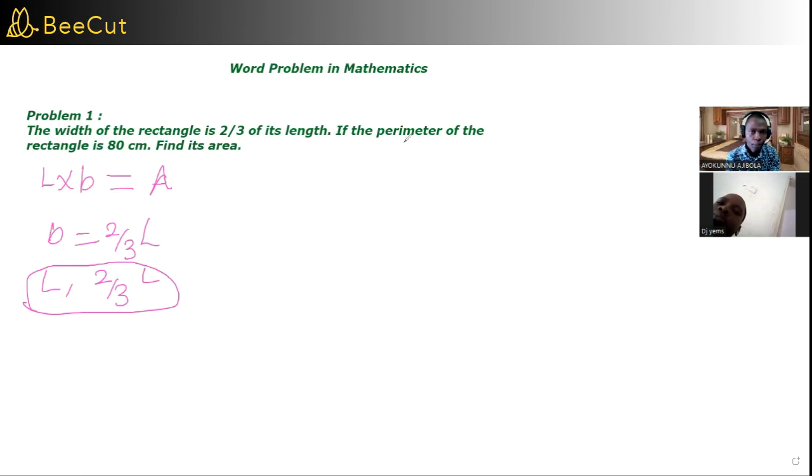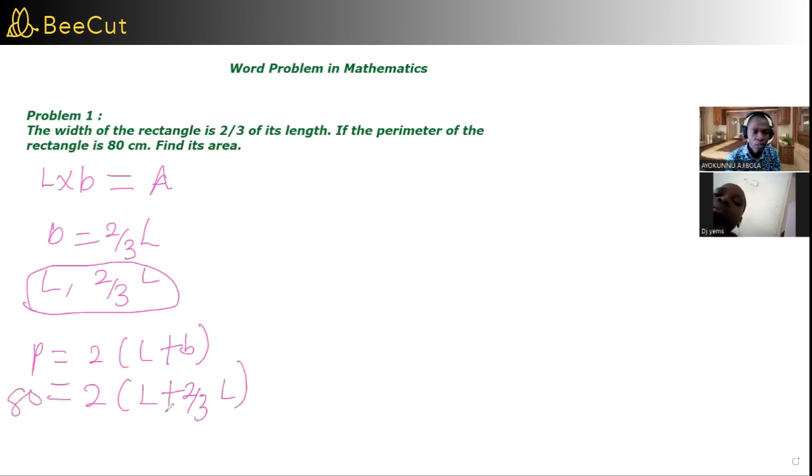If I want to find the perimeter now, because the perimeter has been given to be 80, the perimeter of a rectangle is twice of length plus breadth. Now I have length to be L, I have breadth to be 2/3 of L. So I can have my perimeter as twice of length plus 2/3 of length again, because that's what the question says, which is 80.